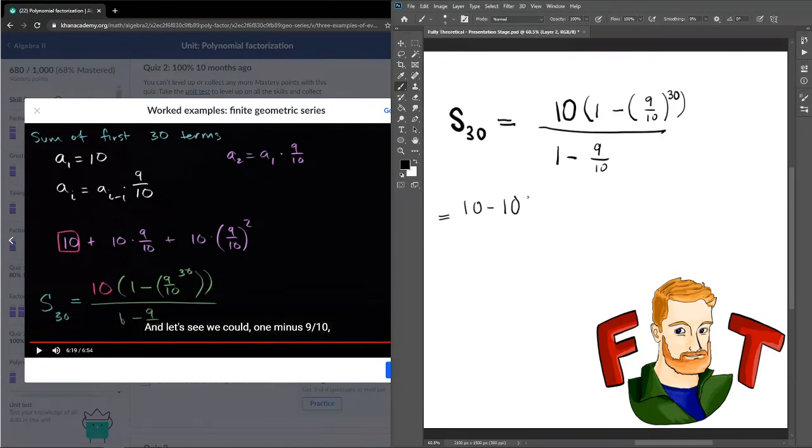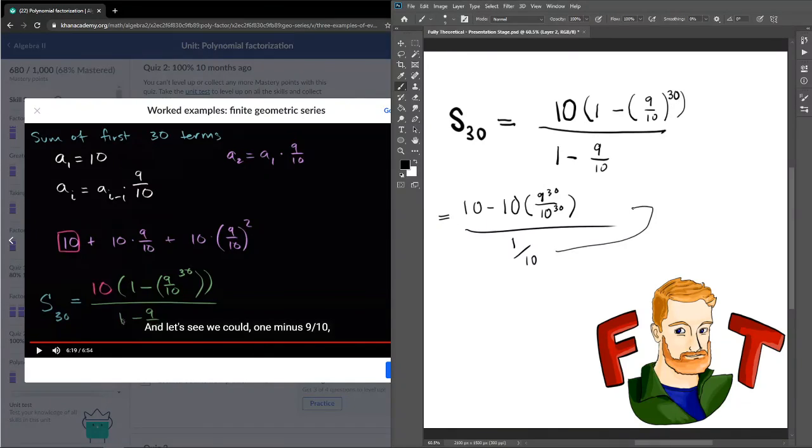Okay, so 10 times 9 to the 30th over 10 to the 30th, over 0.1. So that's 1/10. Or we could write it as 1 over 10, which is the same as multiplying.